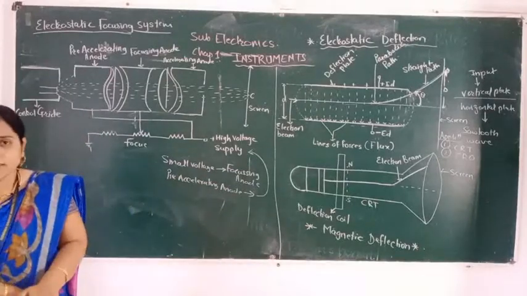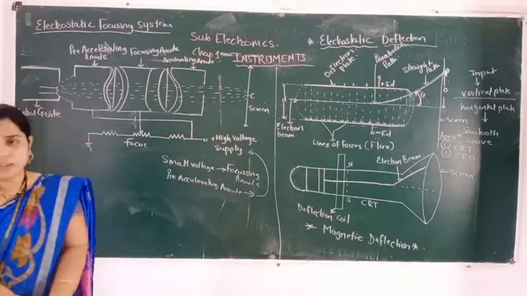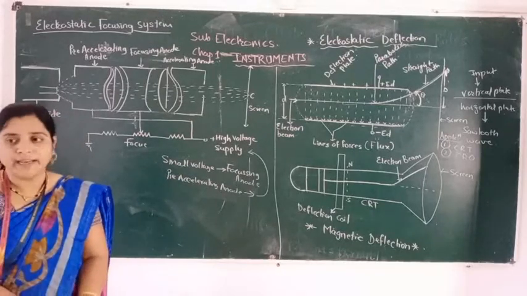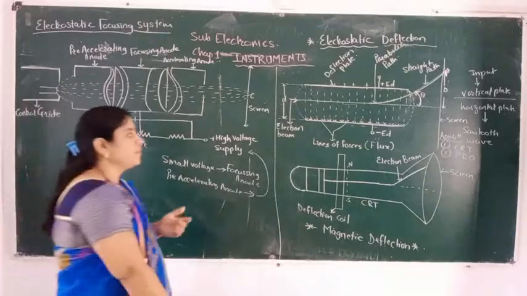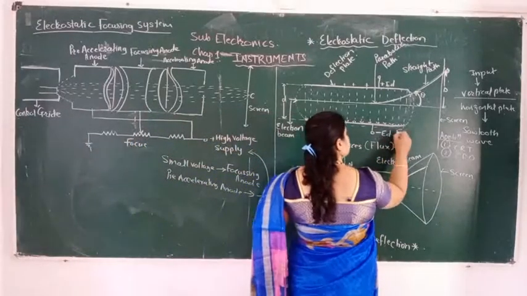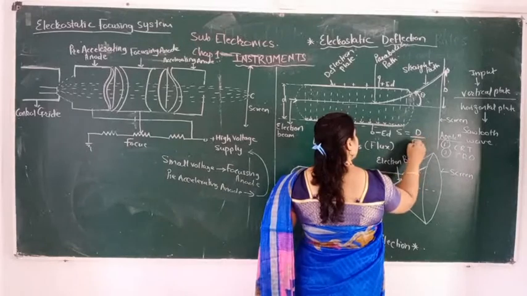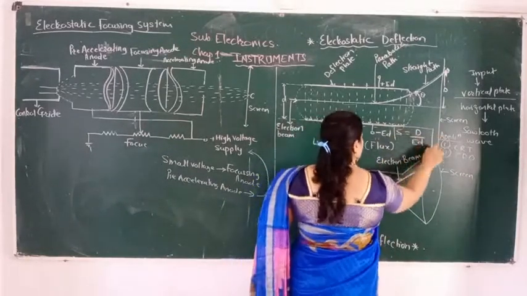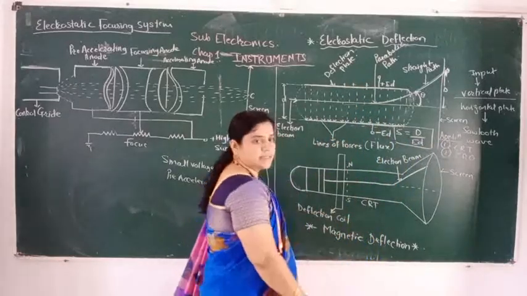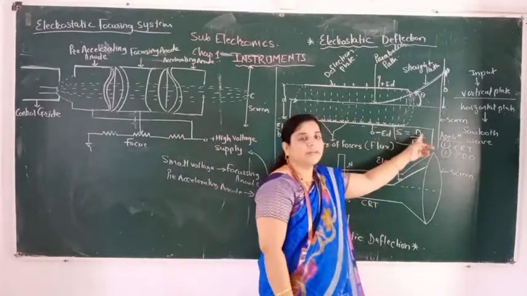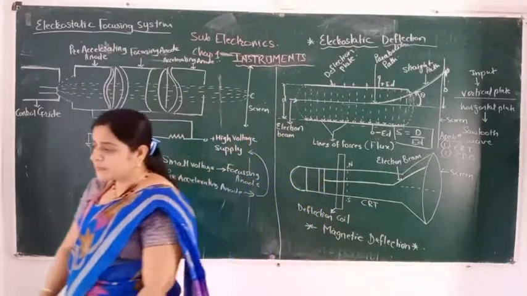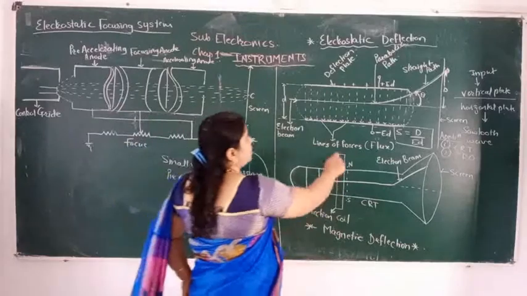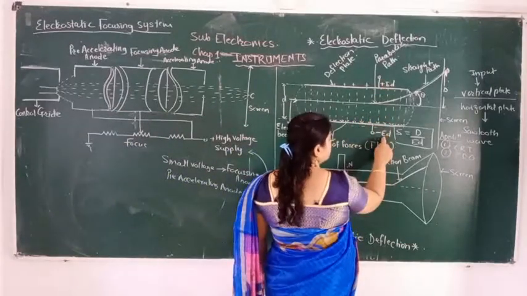Then the deflection sensitivity of electrostatic deflection is defined as the ratio, S equals D upon ED. The sensitivity of electrostatic deflection is the ratio of deflection upon deflection voltage, the positive voltage minus the negative voltage.